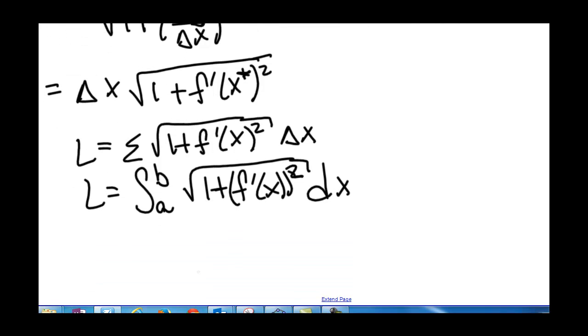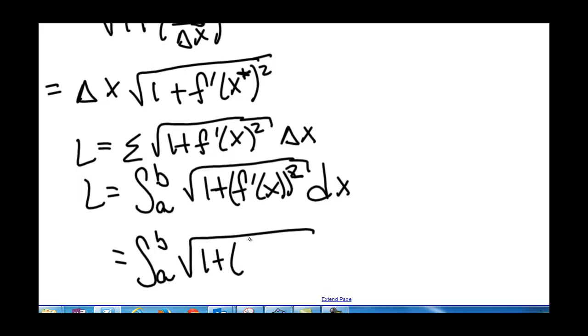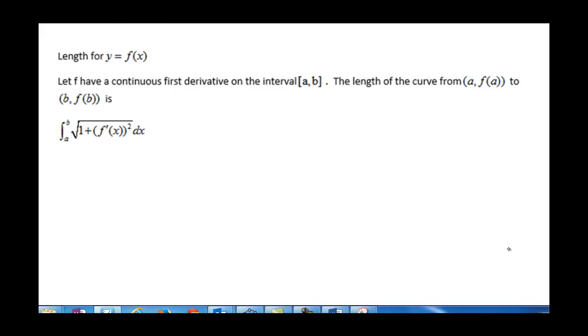Or we can rewrite this as the integral from a to b of the square root of 1 plus dy over dx squared dx. So formally, for y equals f of x, where f has a continuous first derivative on the closed interval a to b, the length of the curve from the point a, f of a, to b, f of b is the integral from a to b of the square root of 1 plus f prime of x squared dx.